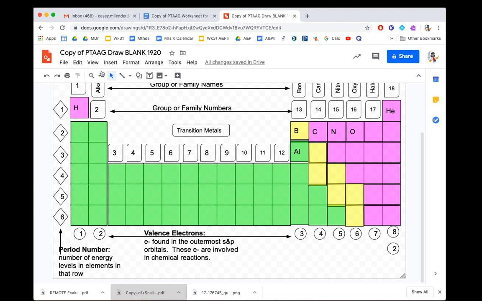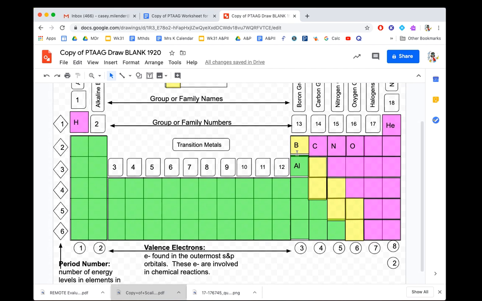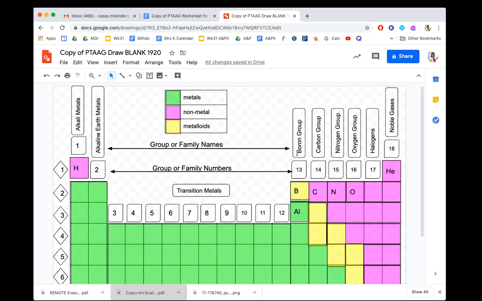So the hydrogen over here is the exception because it's a non-metal in a region which is all metals. And aluminum is an exception in that you would predict that this would be a metalloid, but in fact it's not. Okay, so those are the 2 exceptions to the rules.